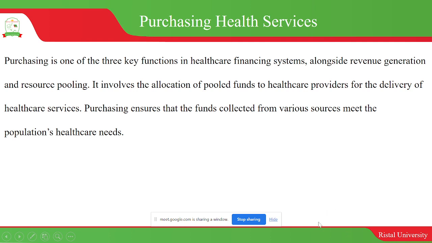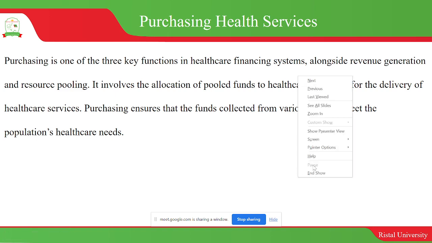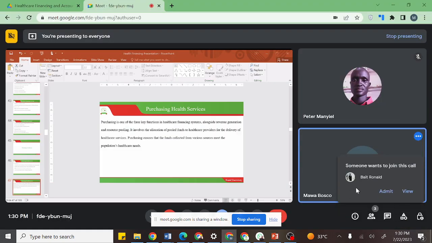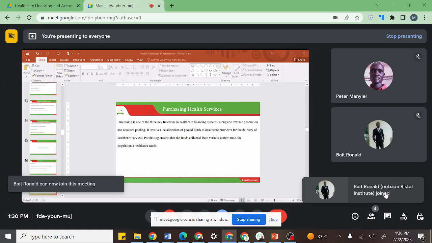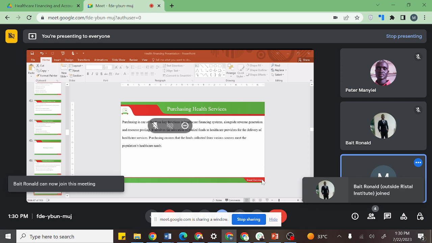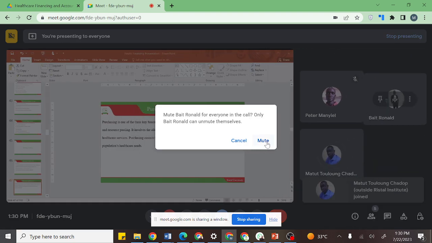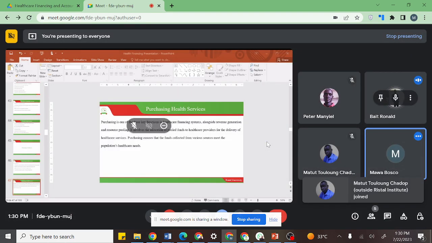And then after collecting the financial resources, now we need to now procure, or even purchase, the services that we need in order for the population to be able to receive services that they need.